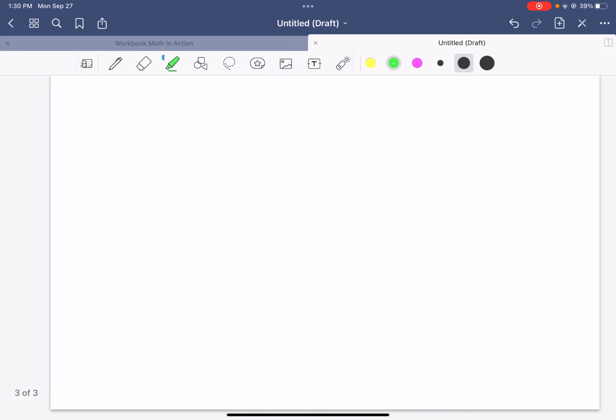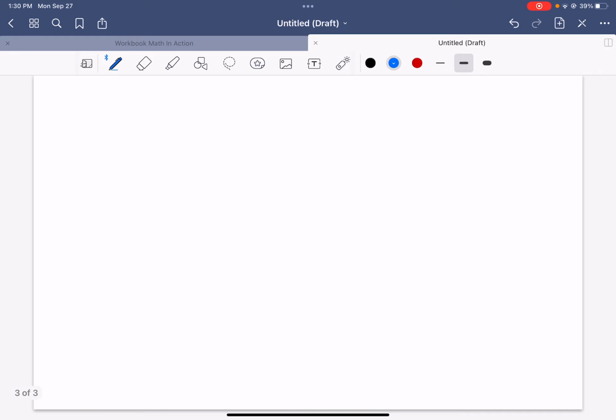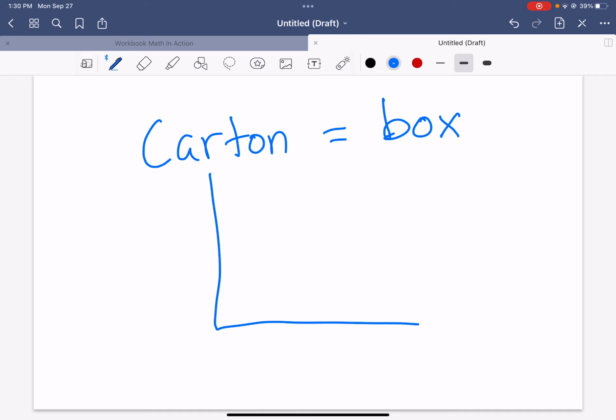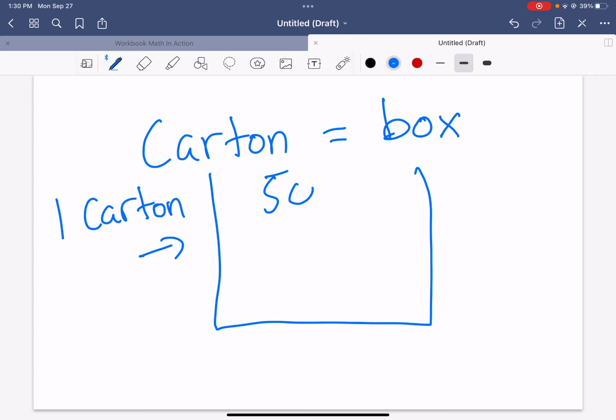So let's draw this out. Here we have a carton, right? A carton, we can say, is similar to a box. So one carton is equal to 50 items of clothing.